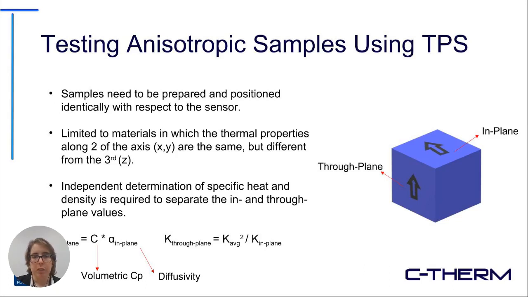Then you run a test in the software, and it will bring the data back. And if you have the volumetric heat capacity, you can deconvolute the in-plane thermal conductivity from the through-plane thermal conductivity.